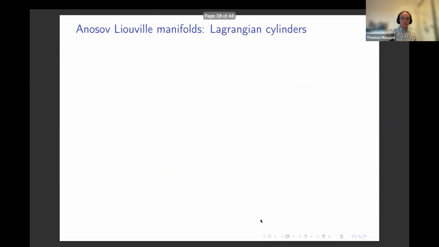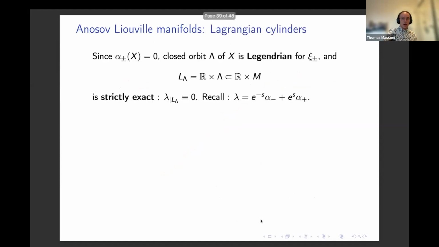And it turns out that for this very general definition, we also get a lot of interesting Lagrangians. So any closed orbit of the Anosov flow will give a Legendrian for both contact structures C plus and C minus. And the cylinder over this Lambda gives an exact, even strictly exact Lagrangian in R cross M. And well, this just follows from the expression of the Liouville form.